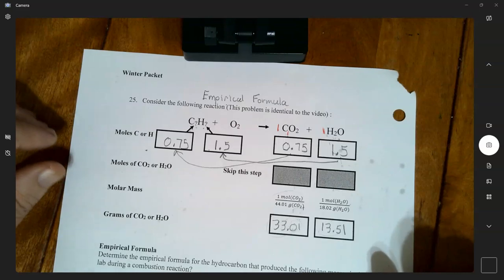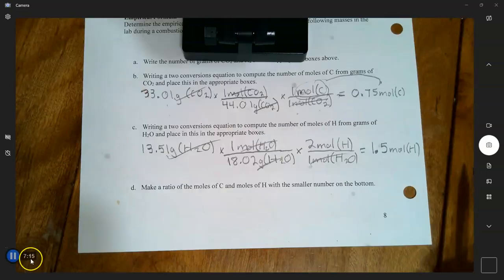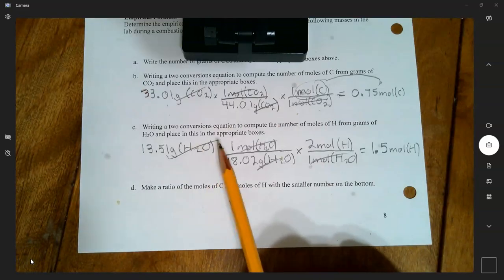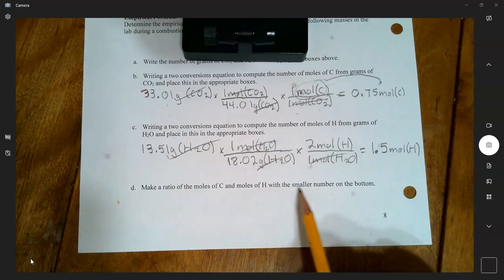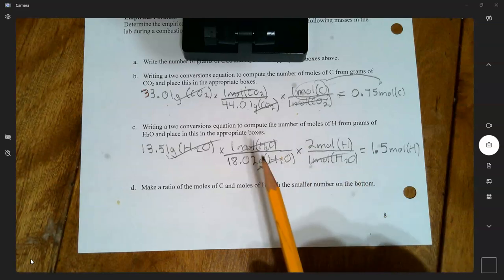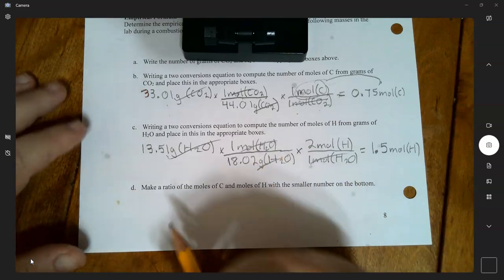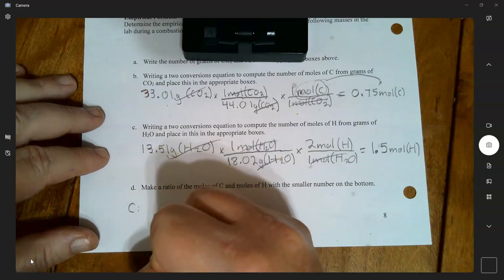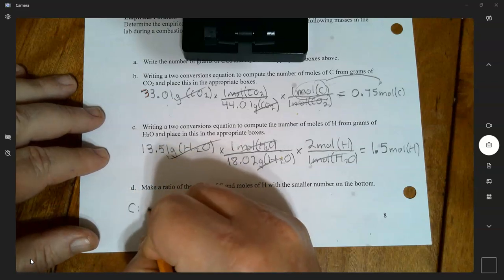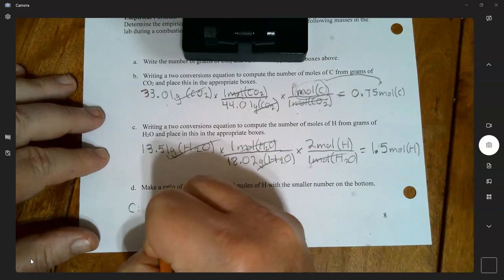Now we're going to go to work on the empirical formula. Step D says make a ratio of moles of carbon and moles of hydrogen with the smaller number on the bottom. The smaller number is the carbon, that was the 0.75. So for carbon, the ratio is 0.75 over 0.75.